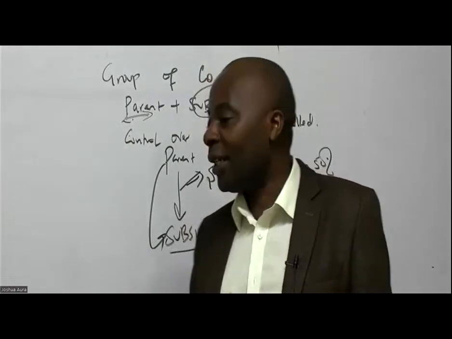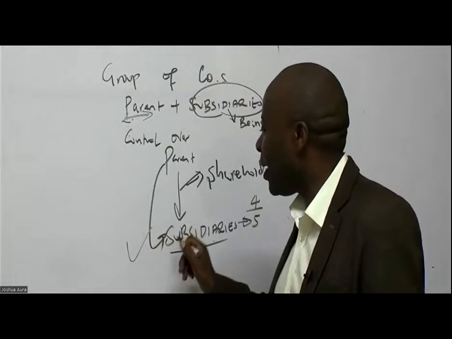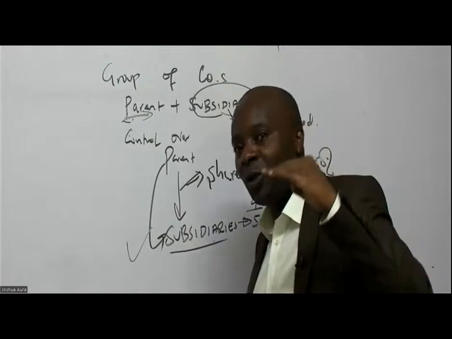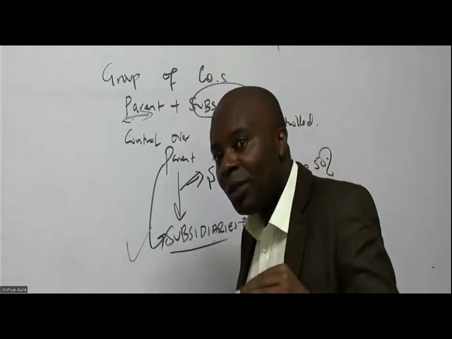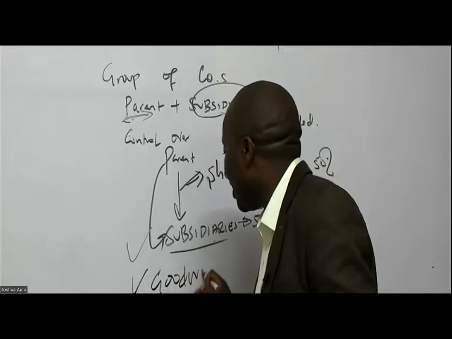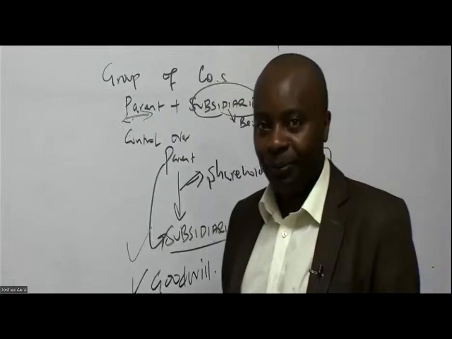Now, the other thing, ladies and gentlemen, in terms of the accounting entries, it's possible that this subsidiary was acquired at a higher price in comparison to the net assets. So it's possible that we acquired it at some goodwill.